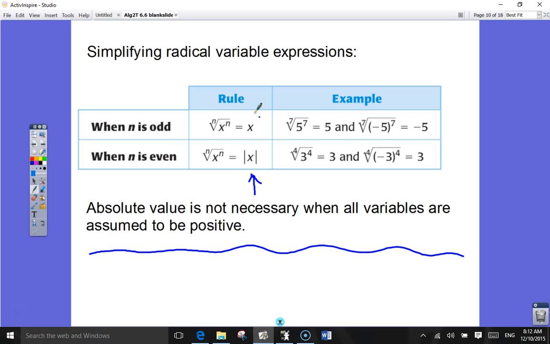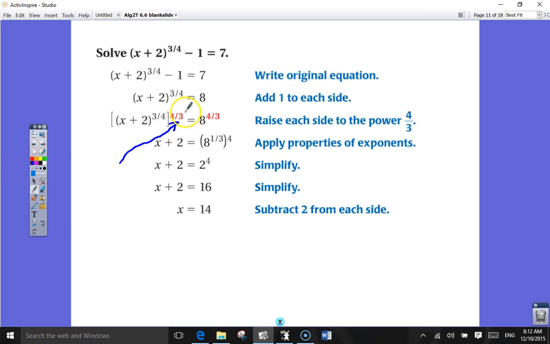It's just 2. So we don't have the same issue if that denominator is odd, no absolute values. And then you solve. And again, you could plug it in and check. Put in the 14 plus 2 is 16. The 4th root of 16 is 2. Cubed is 8. 8 minus 1 is 7. Check.